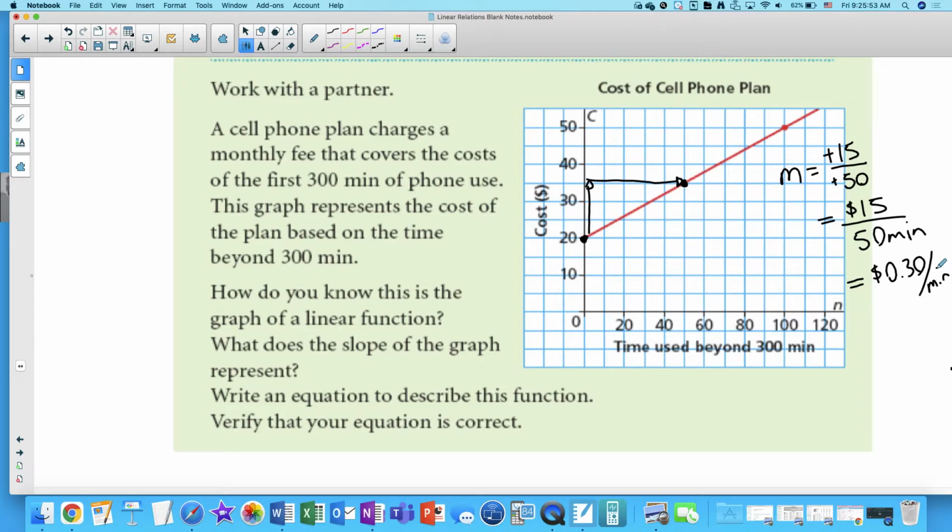It's the same, but also think as if you were someone at TELUS answering the phone, and I would hate to have that job, but think that you're talking to someone about cell phone plans. Would you say to them, it's going to cost you 3 over 10 dollars per minute? Or would you say 30 cents per minute, right? So they're the same thing, yes, but we have to think about when we're communicating, right? What sort of makes the most sense, right?